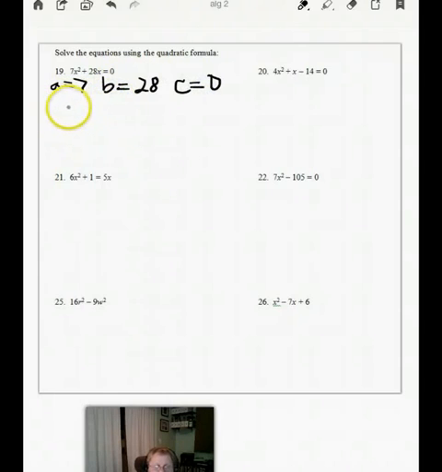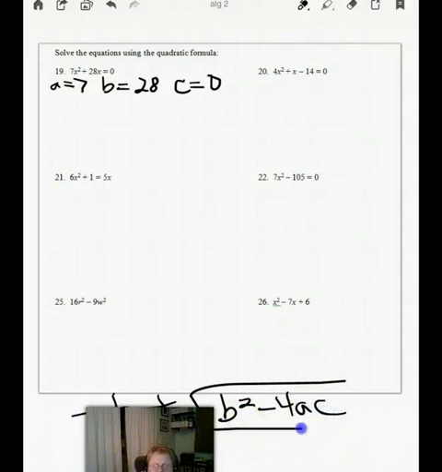All right, so using the quadratic formula, which is, let me throw it down here, negative b plus or minus the square root of b squared minus 4ac all over 2a. So I'm going to plug that into our formula down here at the bottom.